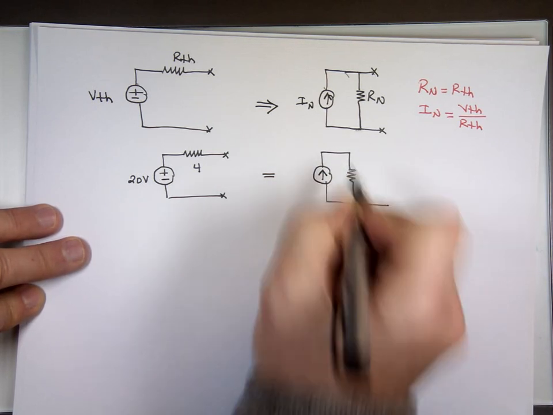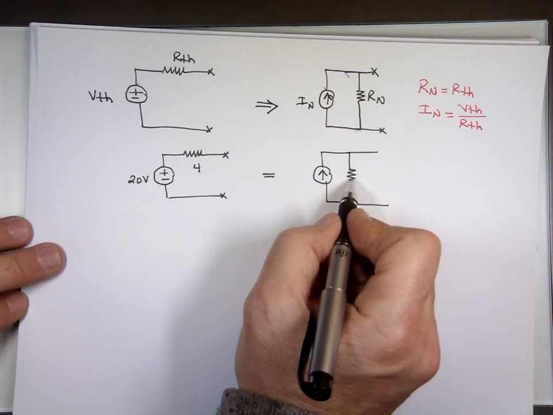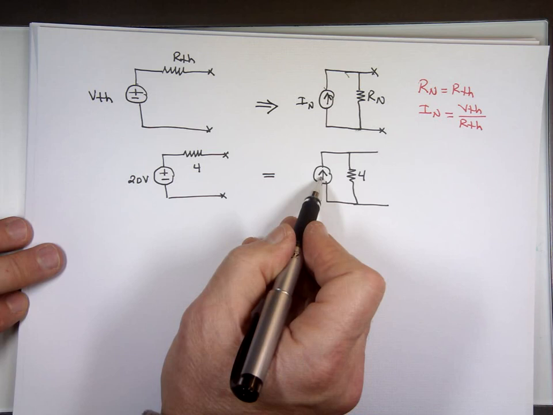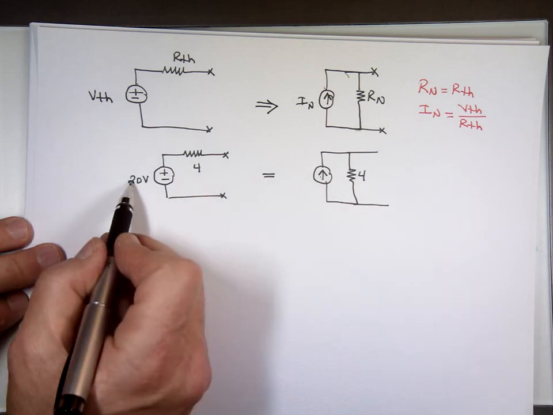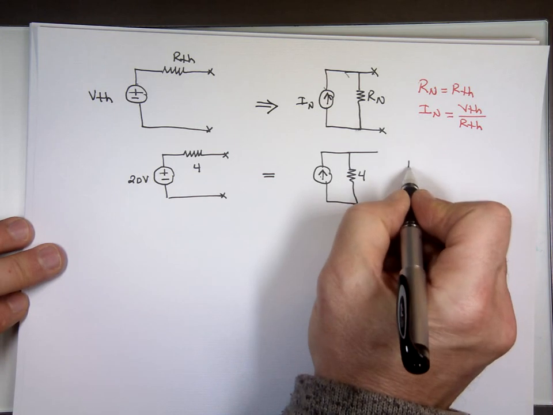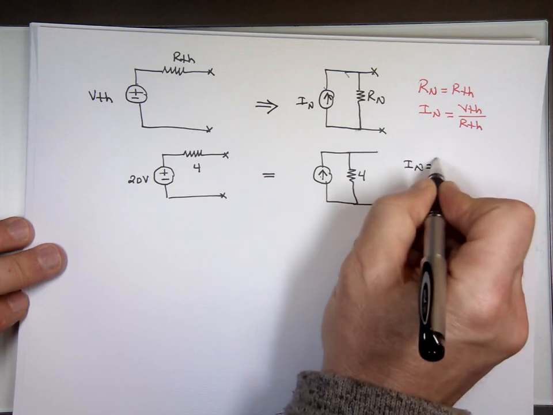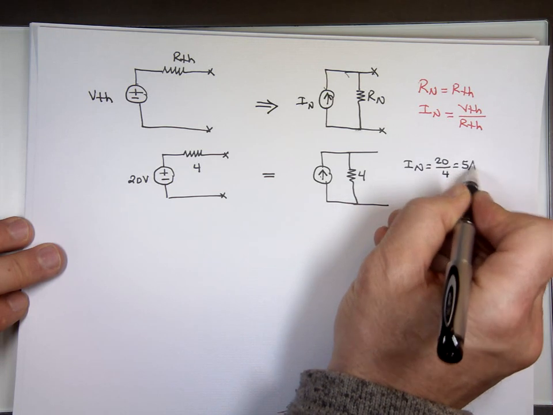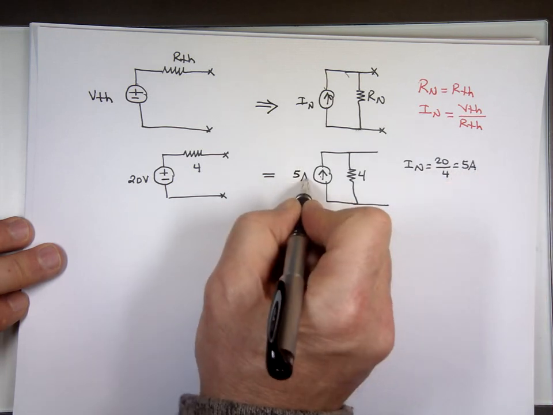The value of that resistor doesn't change, the same as this. But the value of the current source is going to be 20 divided by 4, which is what? So I Norton here is going to be 20 divided by 4, which is 5 amps. I'm going to replace this one with 5 amp source in parallel with 4 ohm resistor.